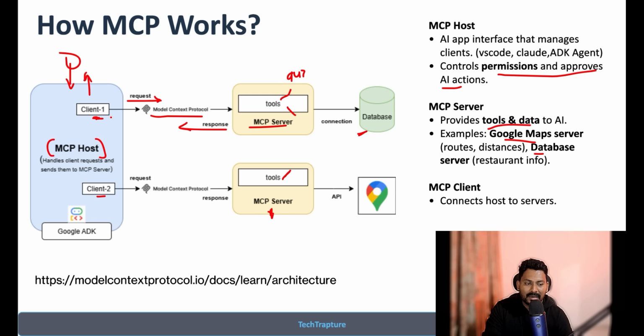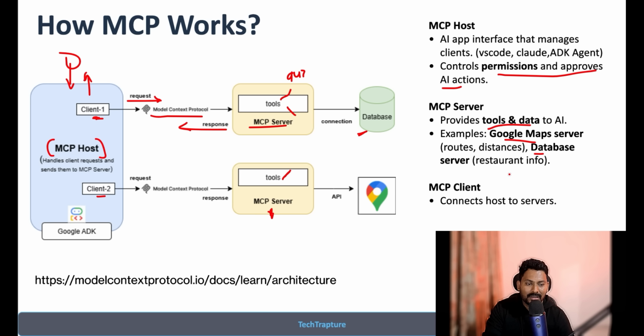It connects the host to the server. As I mentioned, it will create a client and then you will make a request and get a response through the connection. There are two different types of connections. If you are using a local MCP server, it will create a stdio-like standard input/output connection. If it is a remote MCP server, it will go via HTTP request.